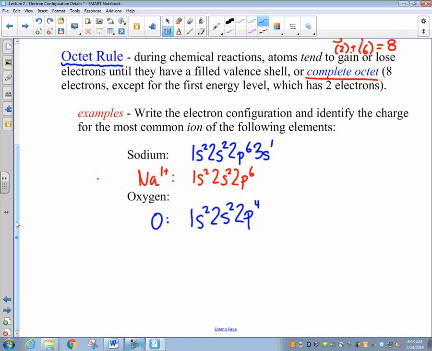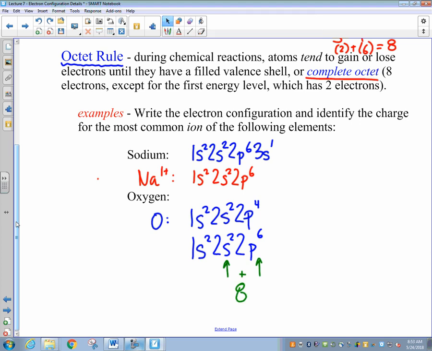And if oxygen was going to be gaining electrons in order to complete the octet rule, we would predict that it would form a neon-like electron configuration as it gains electrons of 1s2, 2s2, 2p6. And now with those 2 electrons in the s and 6 electrons in the p orbital, we've got a total of 8 electrons in oxygen's valence shell, completing its octet rule.